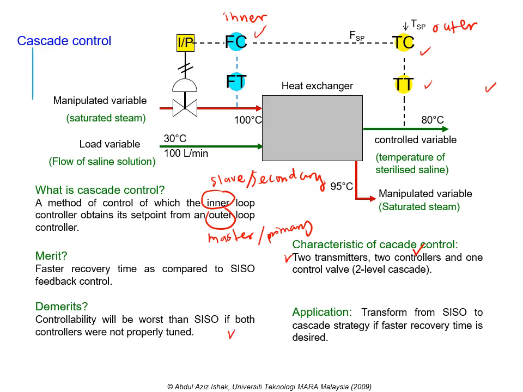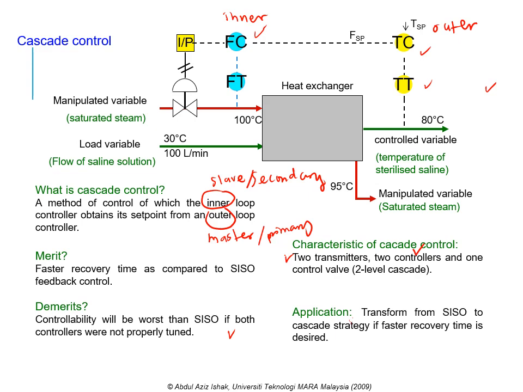And then, when is the right time for us to use the cascade controller? Basically, cascade control will be used if we have a process with relatively slow dynamics, for example level, temperature, composition and humidity, where a relatively fast process, such as liquid or gas flow, has to be manipulated to control the slow process.